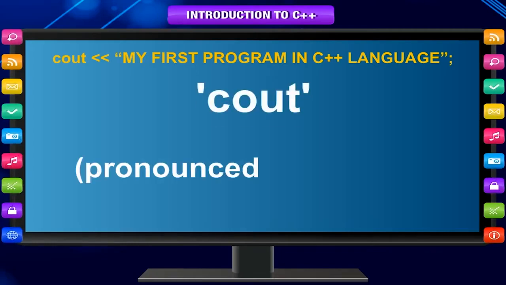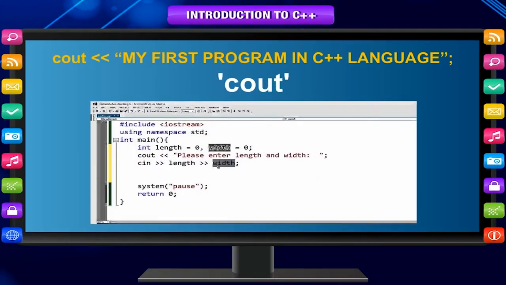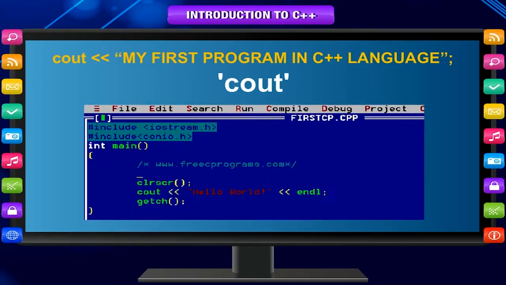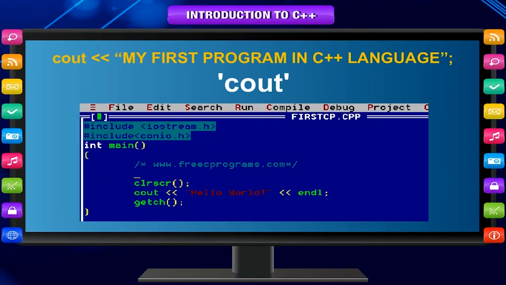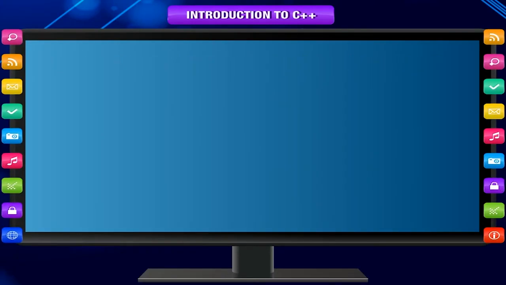The cout, pronounced as C-out, is the standard output stream in C++, meant for printing output on screen. Since cout is declared in header file iostream.h, in order to use cout in the program, we have included this very header file with the #include directive.